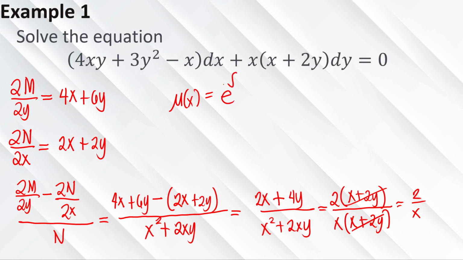Dun sa nakuha mo na 2 all over x dx, that is equal to e raised to the integral of 2/x dx, which is e raised to 2 ln of x. And again, kagaya doon sa ginagawa natin dati, hindi mo na kailangan maglagay ng plus C kasi maka-cancel out lang din naman yan. Or that is e raised to ln of x squared. And e raised to ln of x squared will simplify to x squared.